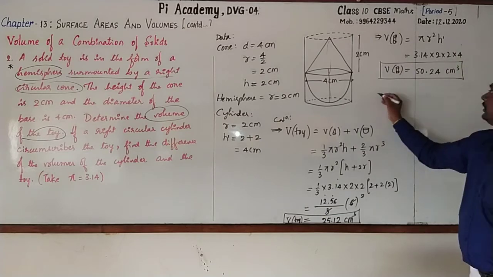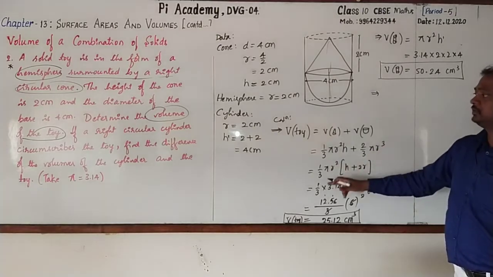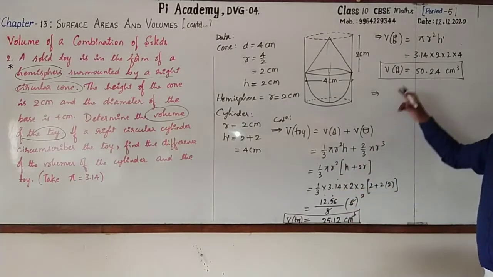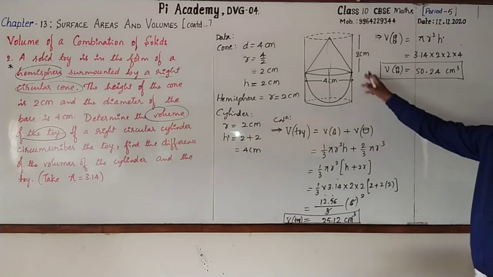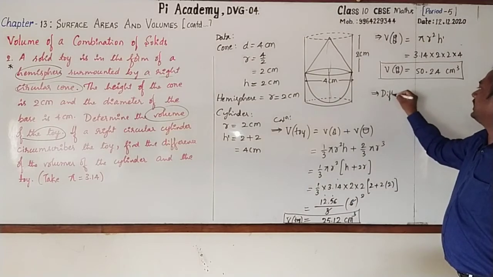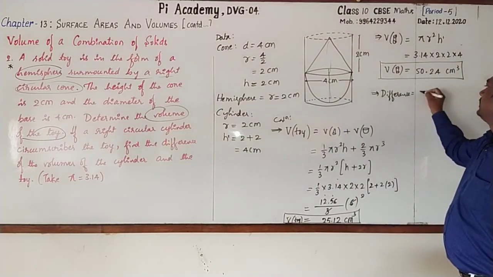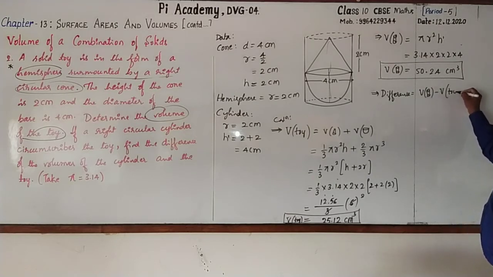Followed? Okay. Now with this information, let's go for finding the difference of toy and cylinder. See that here the cylinder, its volume, obviously it is more. Hence I'll write the difference as volume of cylinder minus volume of toy.